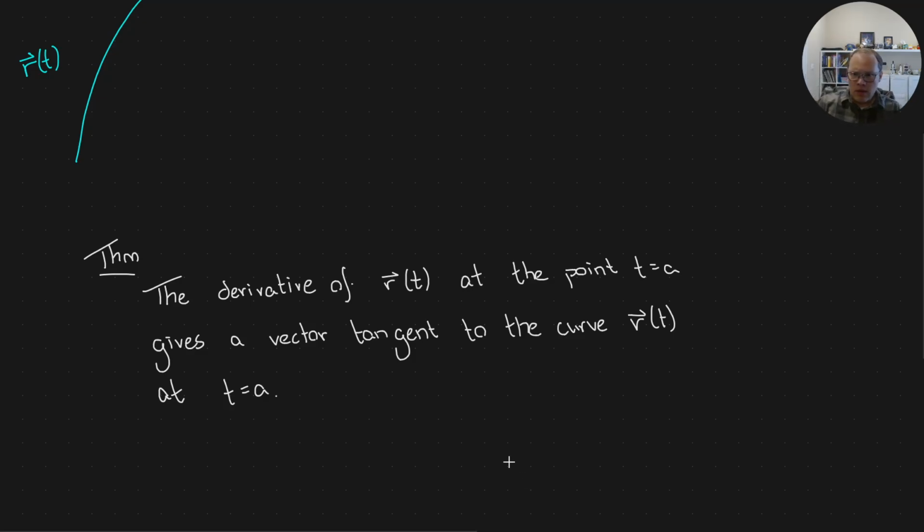Okay? So that's what the derivative is doing. It's giving us a tangent vector.